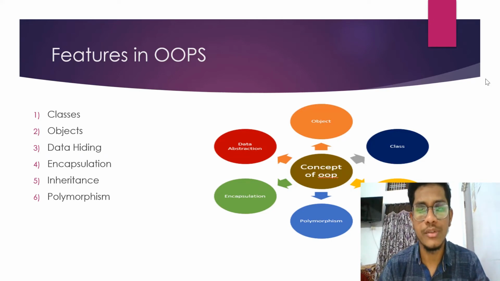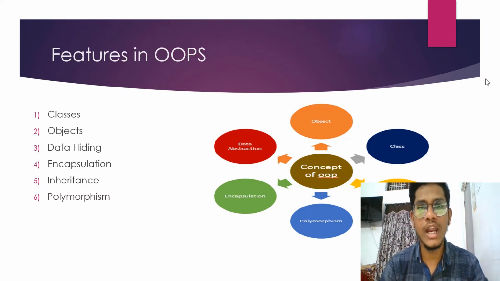Let's move on to polymorphism. Polymorphism: the name itself says poly is many and morph is taking many forms. So when a class or a constructor is created with the same name, we can perform many different actions. For example, sum. If you perform an integer sum, it adds the integers.